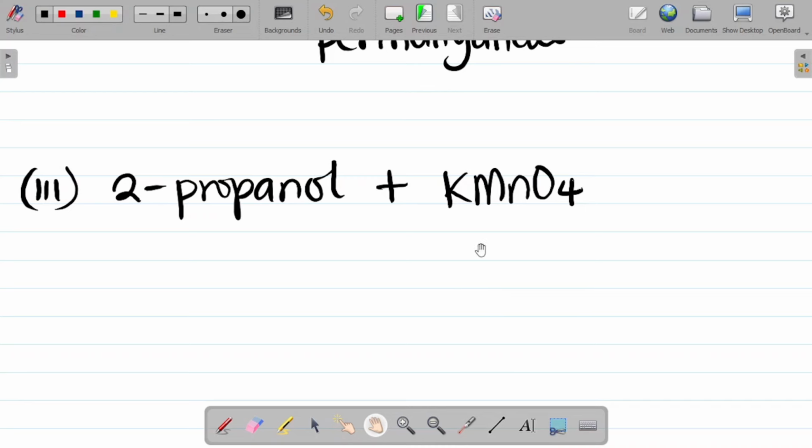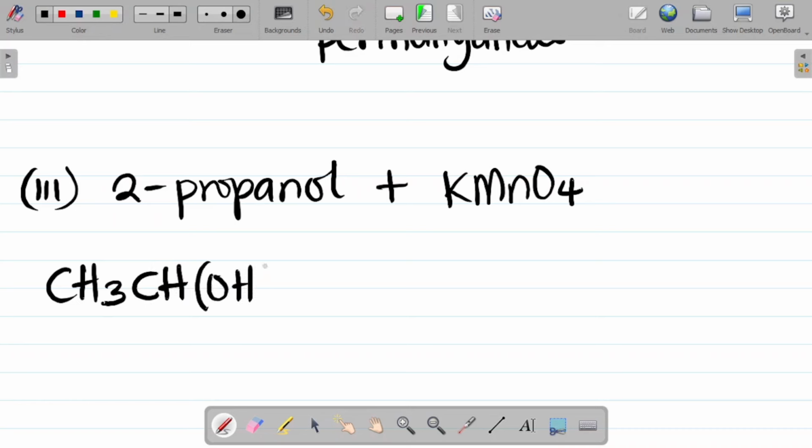So for 2-propanol, the condensed formula is this: CH3 into CH in brackets OH, then we now have CH3.